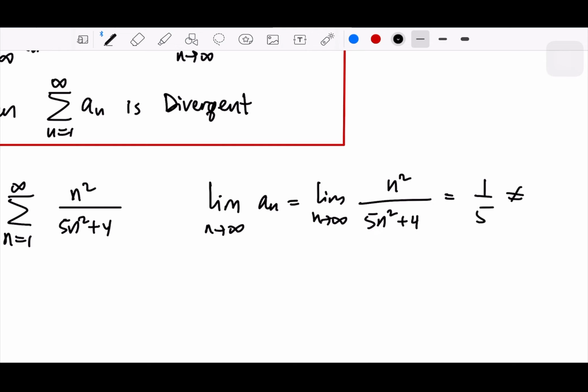Which is not 0. So we say that the series diverges.